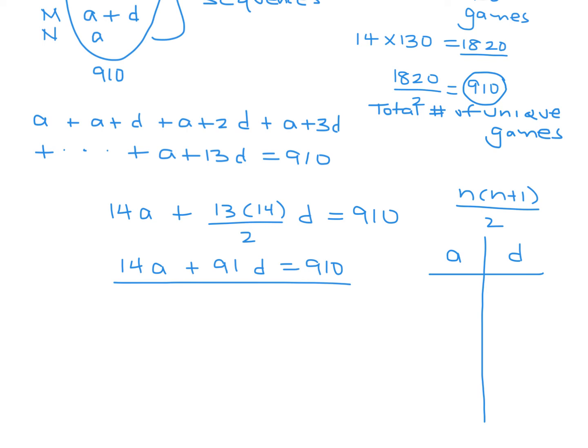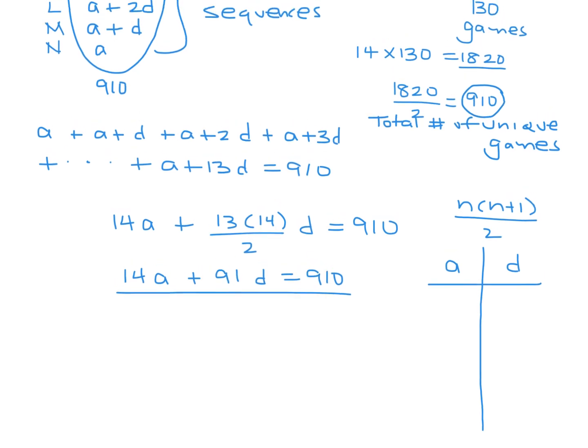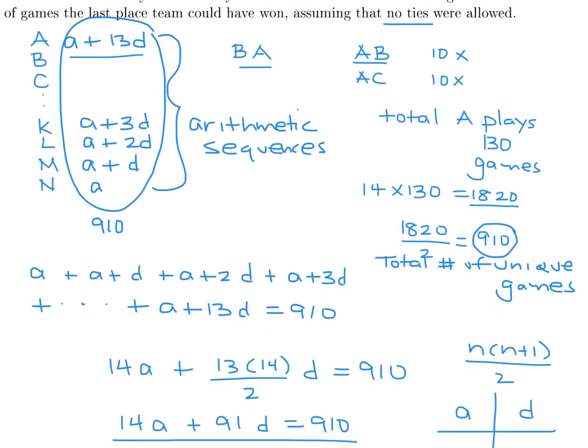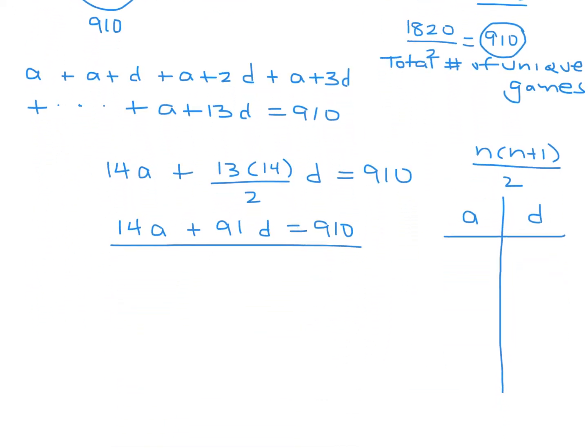Okay, where do we begin here? Well, the difference, D, has to be at least 1, right? I mean, it can't be 0, because if the difference was 0, then all of these numbers would be the same, and they're not all the same, right? So let's start with D equals 1 and see what we get.